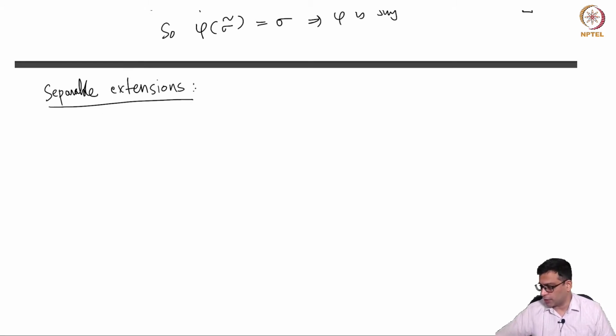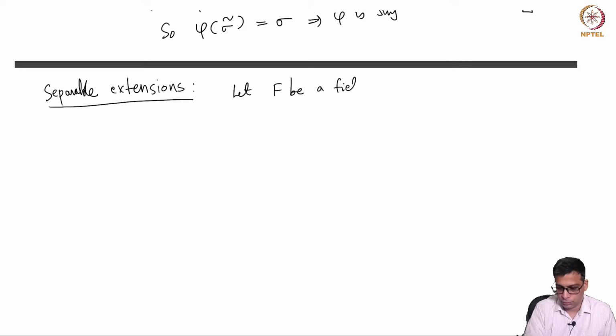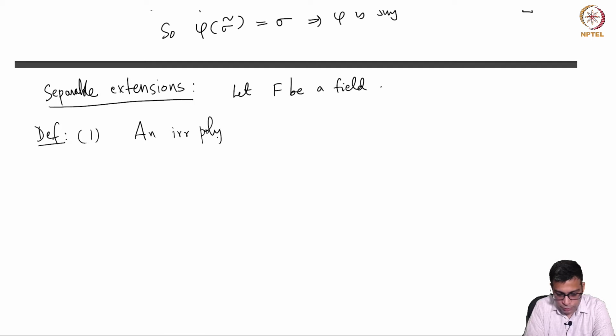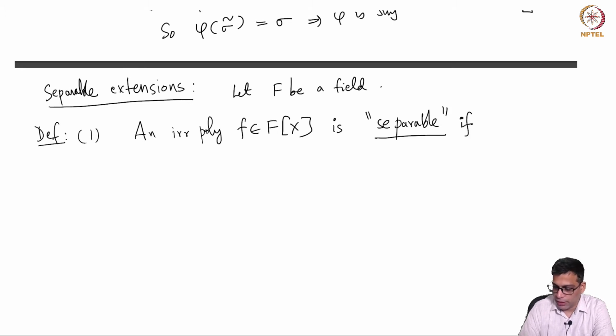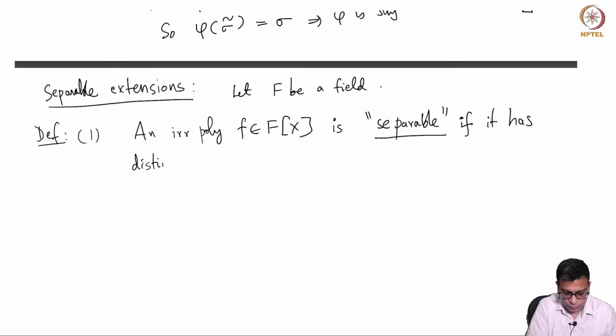Okay, so let us start with an arbitrary field. So let capital F be any field. So I'm going to give you some definitions first. First definition is an irreducible polynomial over the given field is called separable if it has distinct roots in its splitting field.